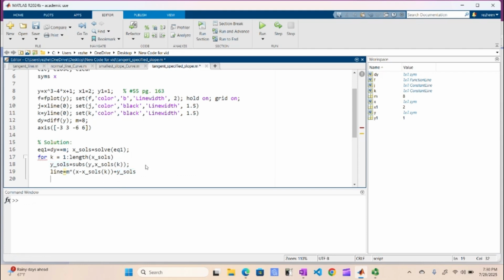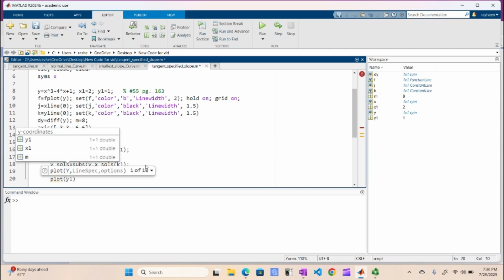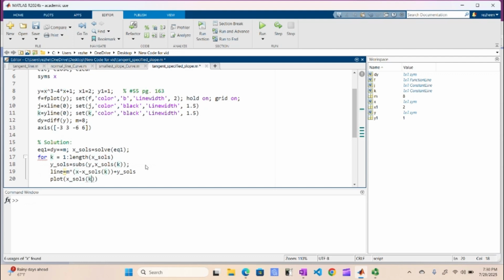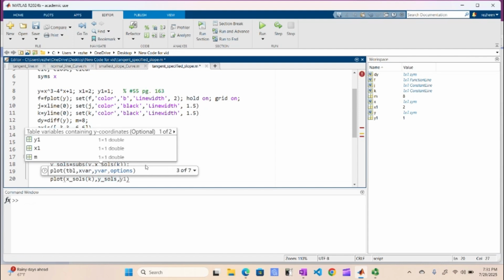All right. So I can also plot the points in the for loop, all the points that give us that slope. So we can say plot xsols k, and we can also plot ysols, and we're going to plot it with a dot.